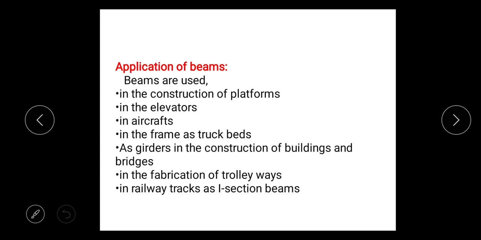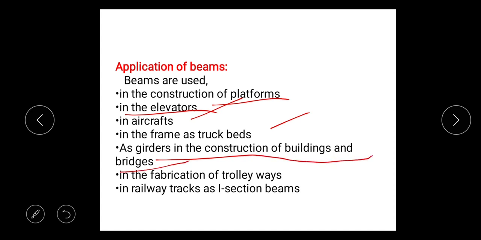Okay, now we'll go for applications of beams. Beams are used in the construction of platforms, as a support in elevators, as a support in aircraft, in the framework as truck beds, as girders in the construction of buildings and bridges, in the fabrication of trolleyways, and in railway tracks as I-section beams.